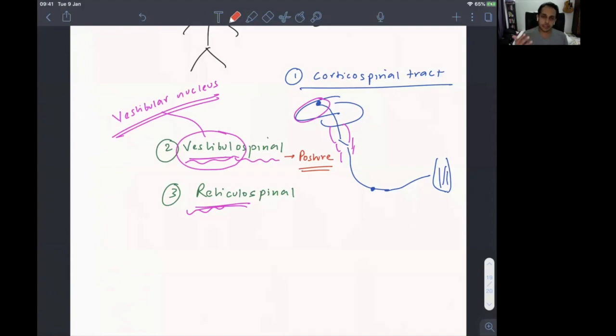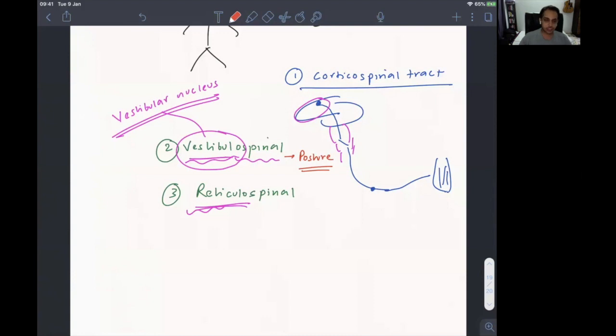So there is a huge element of balance while walking also, but it is easier to understand the vestibulospinal tract when we just think about it in terms of posture. So when you are just standing, it is your vestibulospinal tract that continuously carries information up and down regarding how much your axial muscles should contract, how much your leg muscles should contract in order to just maintain your posture.